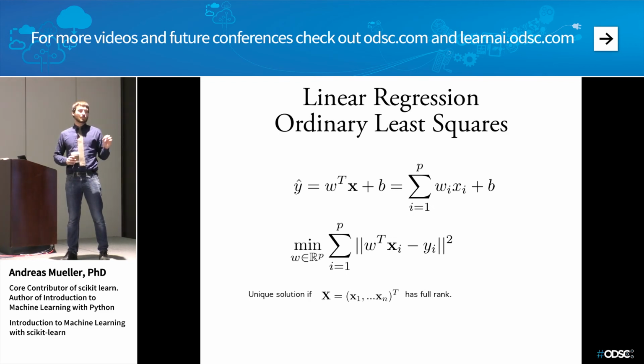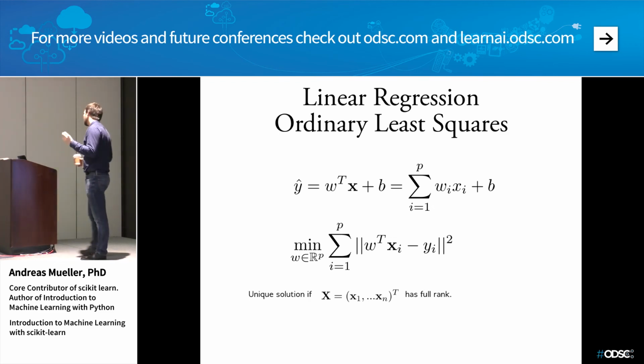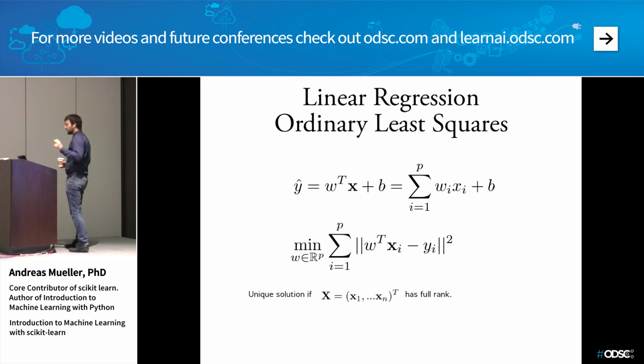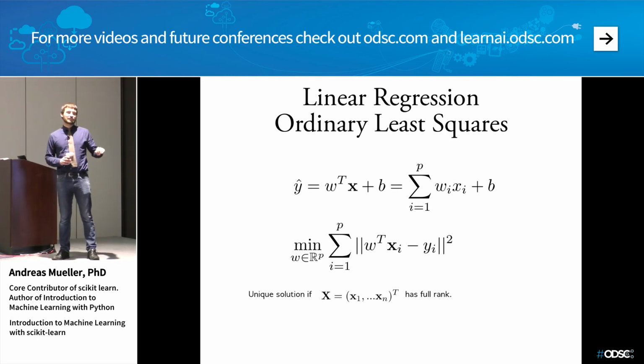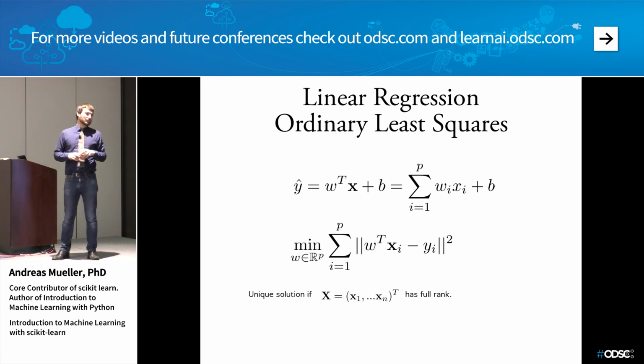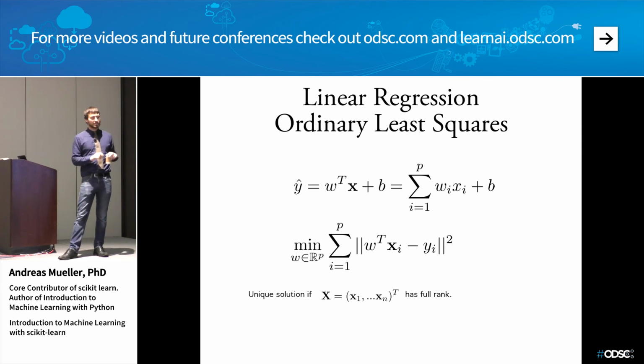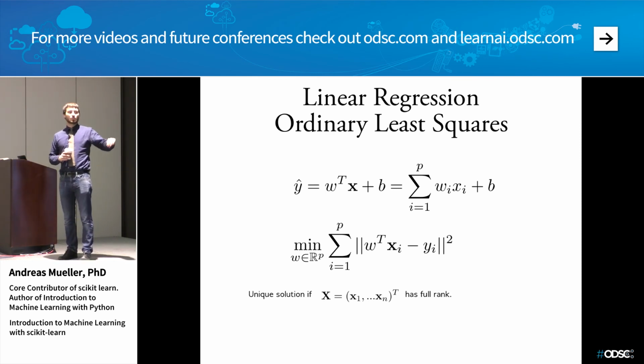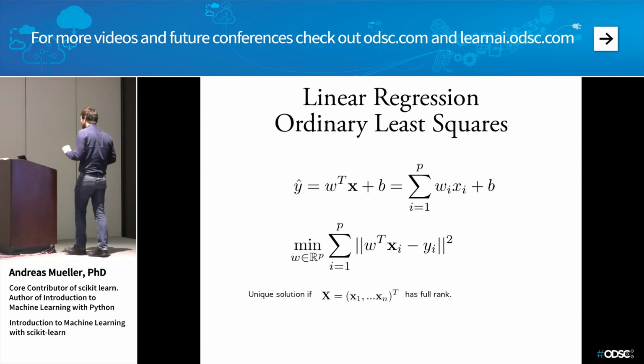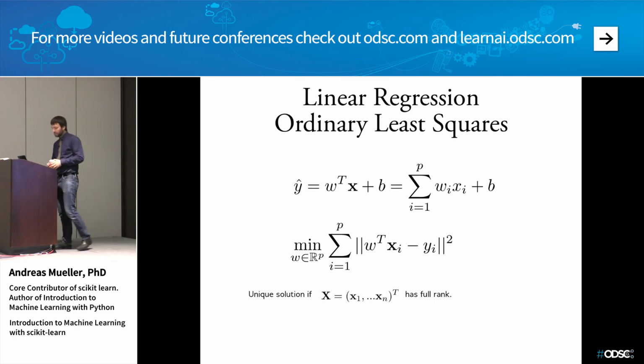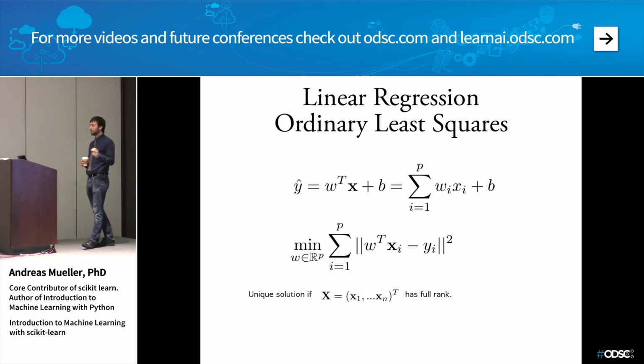For each data point, we check how close W transposed X_i is to y_i, in the least squares sense. So how well does W transposed X_i approximate y_i? We sum this over all data points, and we want to find a W that minimizes the squared loss. This is the training procedure for ordinary least squares, or linear regression.